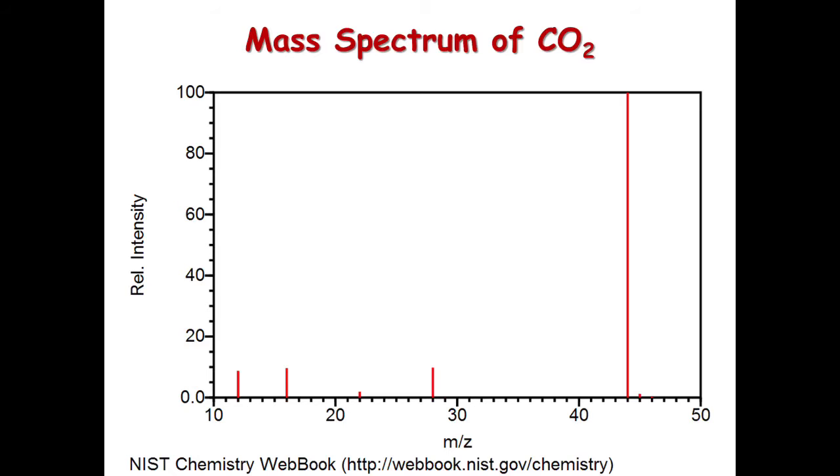If we were trying to read this mass spectrum, we have a very large molecular peak at 44, and that would compare to the mass of CO2 plus ion, because carbon has a mass of 12 and oxygen has a mass of 16. So that would be 44, and then the plus, remember the electrons are so small, we don't count their mass, but that's what that peak would be.